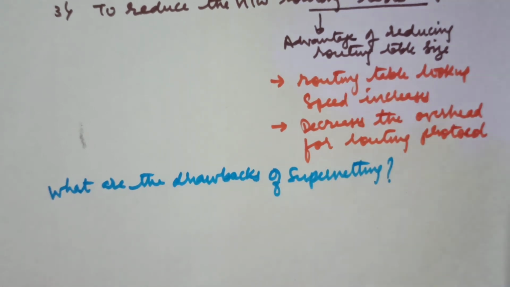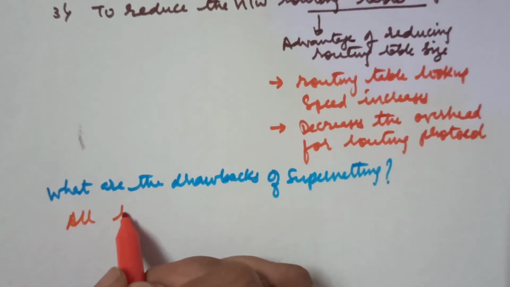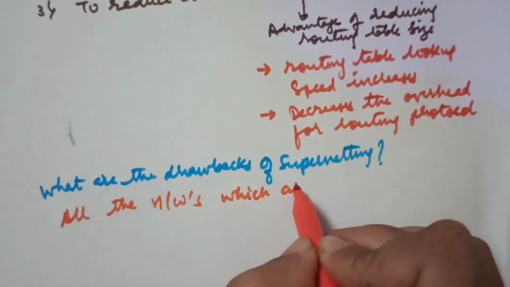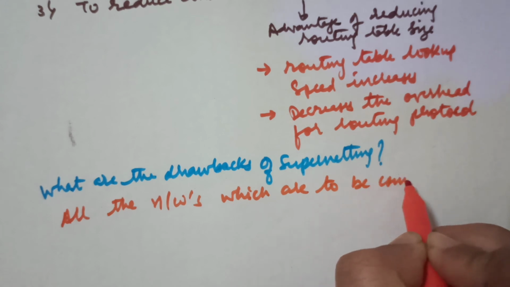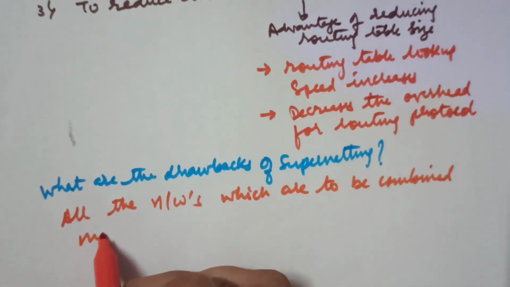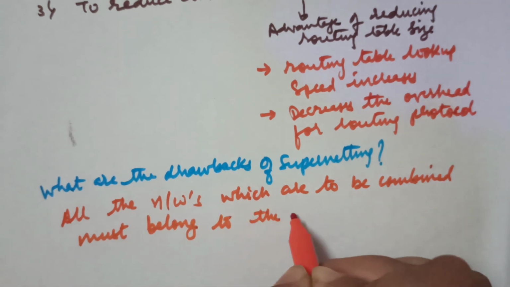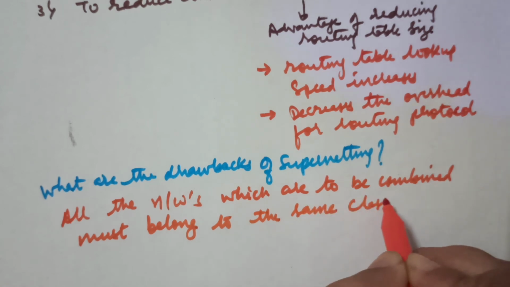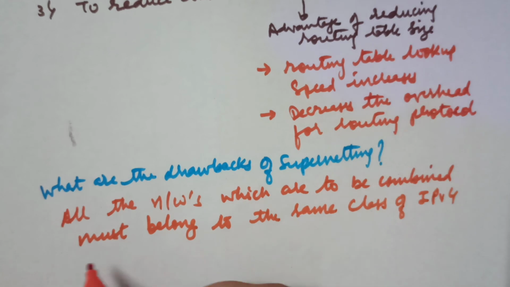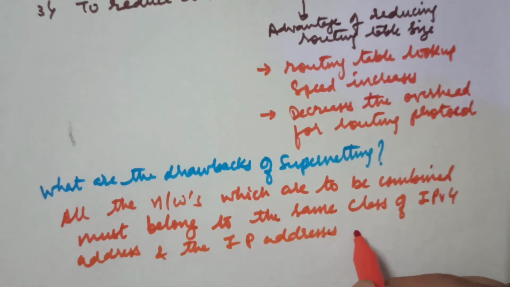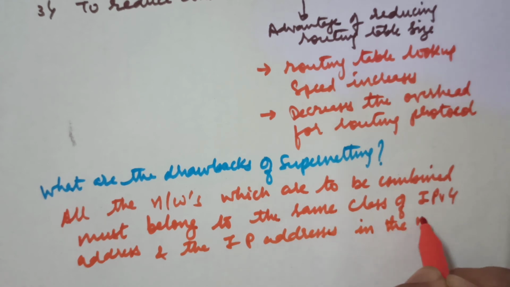In supernetting, all the networks which are to be combined must belong to the same class of IPv4 address, and the IP addresses in the networks must be contiguous.